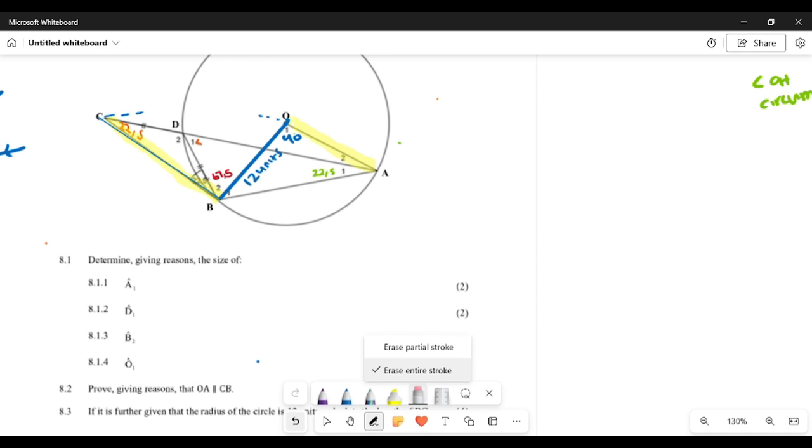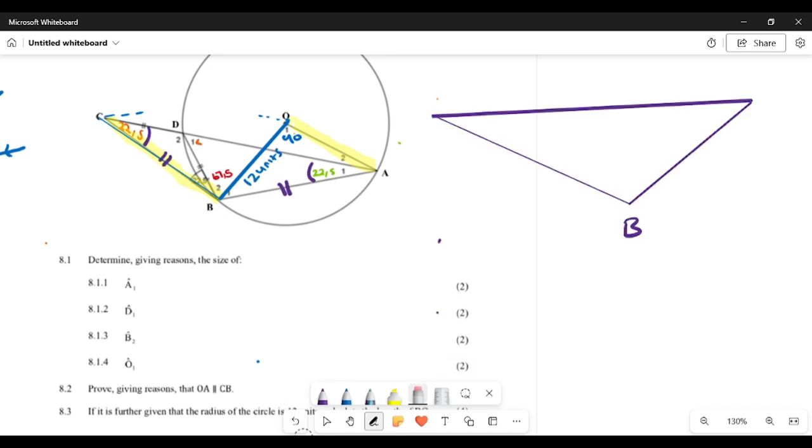This is B, this is A, and this is angle C. And these two are 22,5. Because these two are equal, therefore, these two lines are going to be equal to one another. Do you see that?